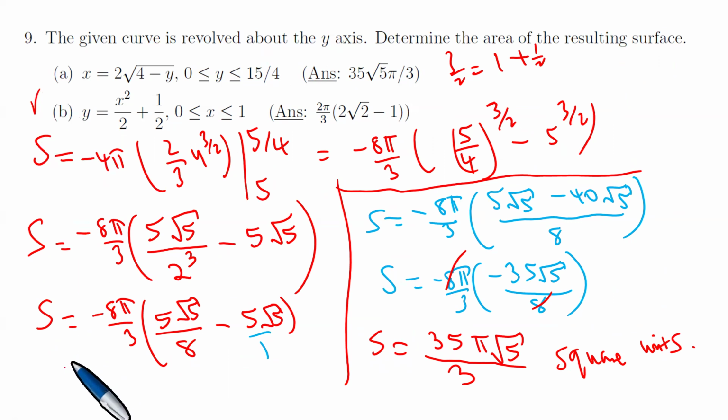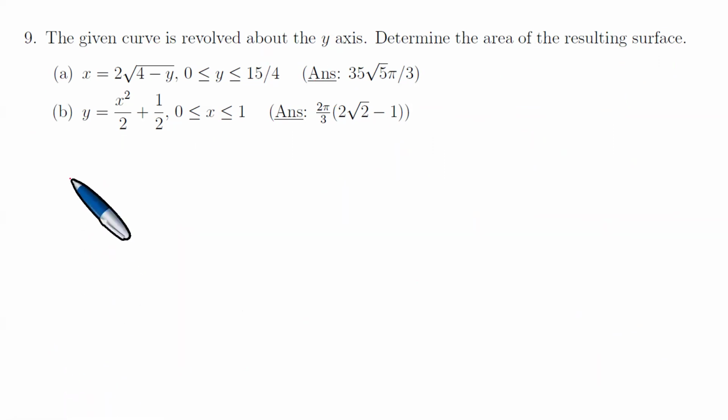Let's do 9b now. 9b is easy because already we know y is the subject of the equation and the x limits of integration are there, and we can find the area of the surface. So, to find the area of the surface, we're going to use the dy/dx formula.